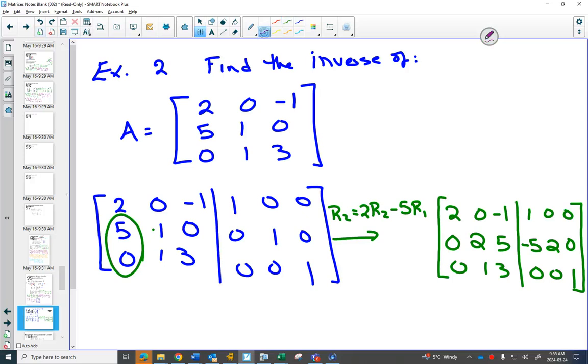In Gaussian Jordan elimination, next 0 you want to get is that one in row 3. So I can do that by taking row 2 and minusing 2 row 3's.